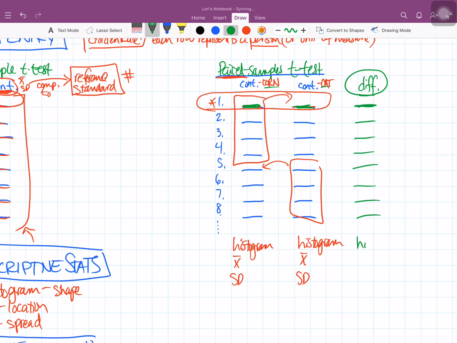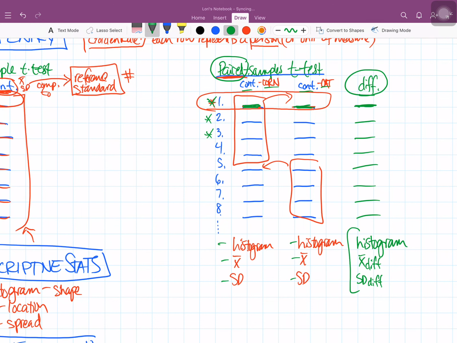We are looking at a histogram of the difference. We are testing whether the average difference and the standard deviation of the difference are some particular thing. So instead of focusing on the means, standard deviations and histograms of the individual variables that we measured at those 2 time periods, which are paired within each given person, compared to their own self, we're looking at the difference between them.